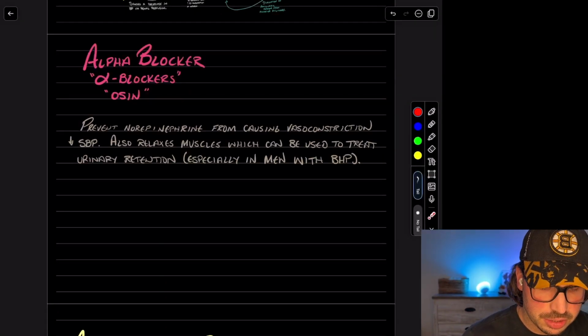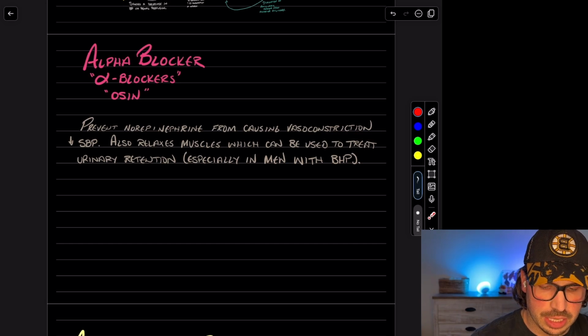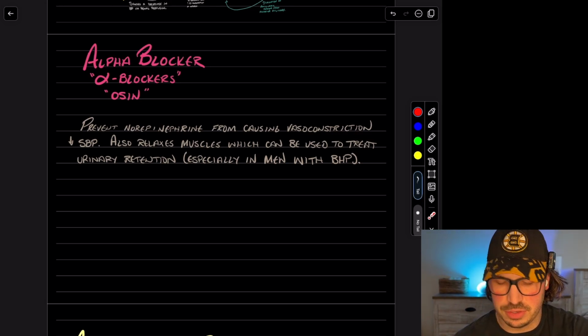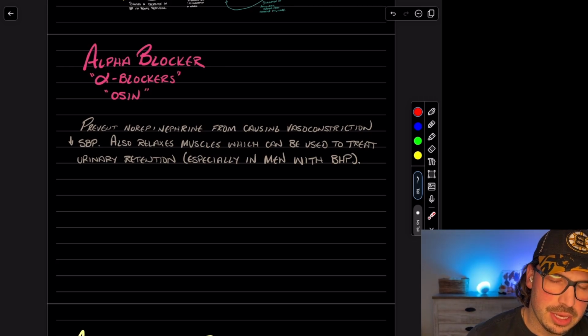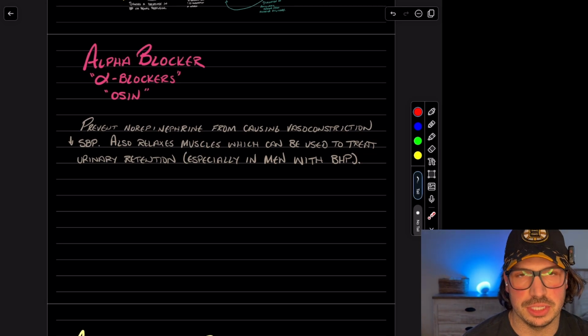Now, alpha blockers. I just put the little symbol for alpha in there. These are signified by the osin suffix. These aren't seen very often. You can see them sometimes if you have a patient with what's called benign prostate hyperplasia, an enlarged prostate where they're having difficulty urinating.